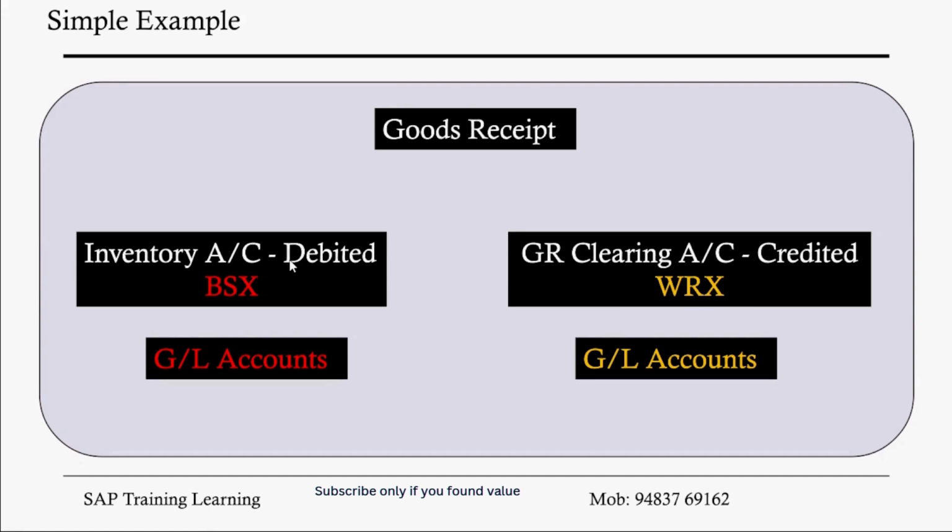So I received stock and I have to pay the vendor by clearing this account, right? And this will have one GL account where it tracks all the inventory related transactions. Here it tracks all the payments which are liable to be paid to the vendor.